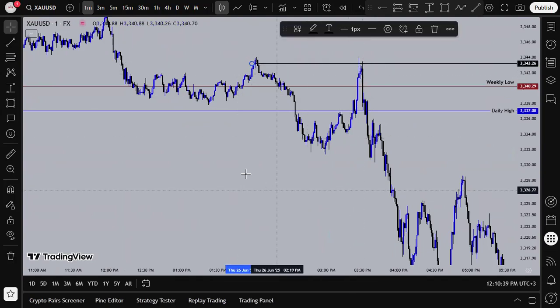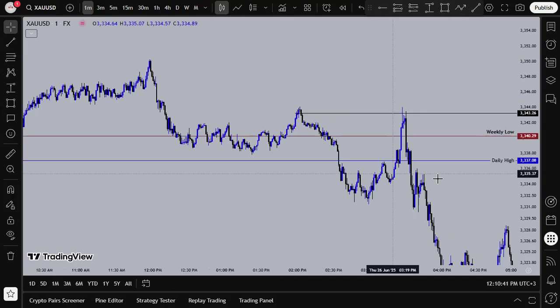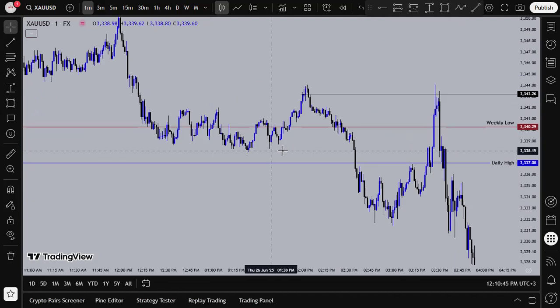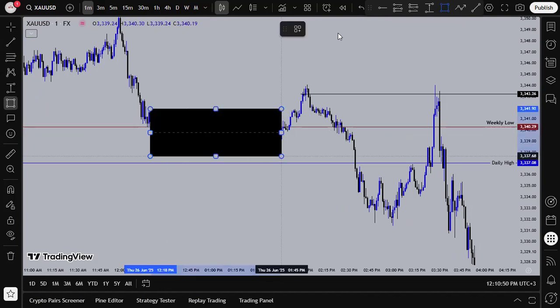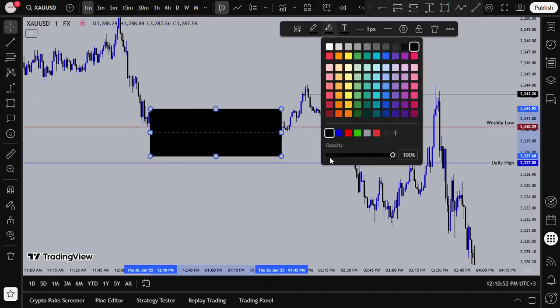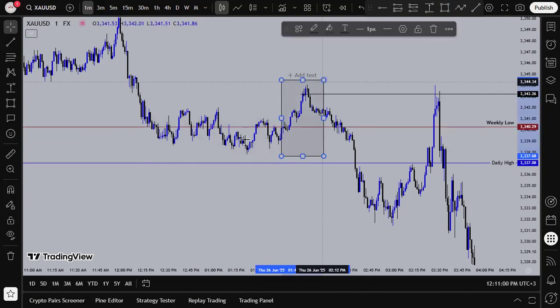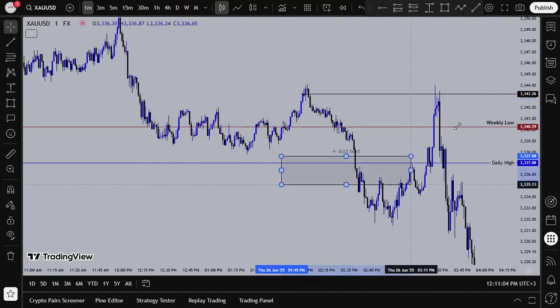You can find that entry, very, very important. And of course, there are a lot of entry types. For example, for those who use power of three, this is accumulation phase, okay? This is accumulation phase. Then the price performed manipulation, and then the distribution phase.